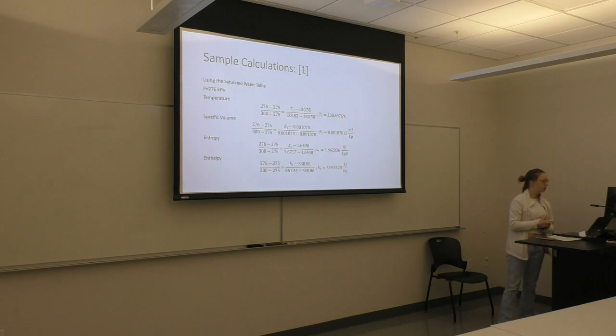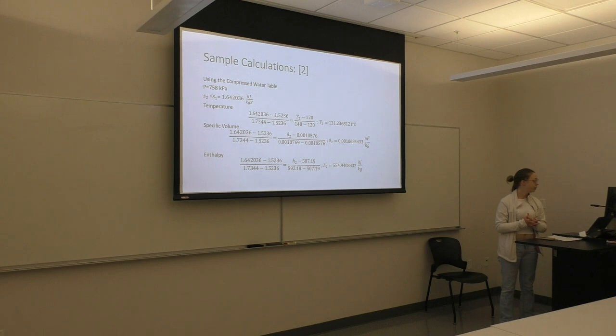So I did all my sample calculations. I put all my interpolations up here just so that they'd be nice and pretty. Using the saturated water table, we used the pressure at 276 kPa, and we interpolated the temperature, specific volume, entropy, and enthalpy.